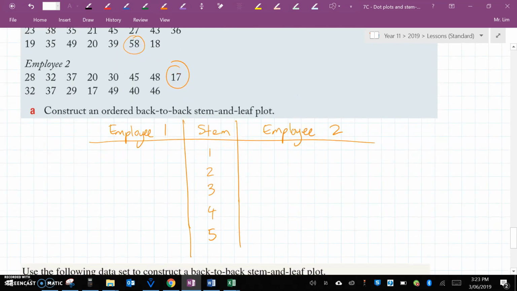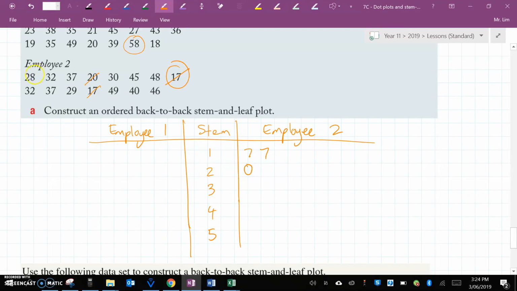Now I find employee 2, because it's on the right hand side of the stem, easier to complete. So I'm going to do that one first. 7, 7. We've got a 20, so that's 0.